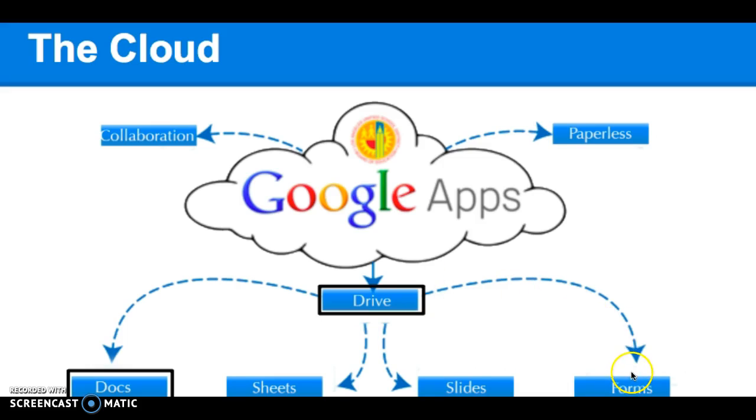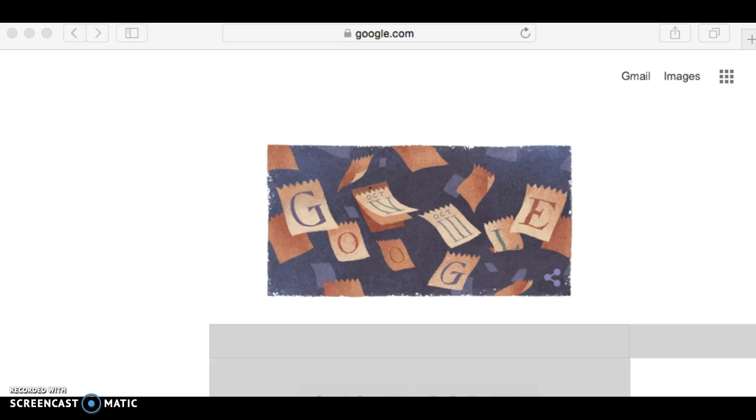We have Google Forms, which is very much like surveys that you can create that can eventually be turned into spreadsheets. We have Google Slides, which is similar to PowerPoint. We have Google Sheets, which is very similar to Excel, and then Google Docs, which is like a Word document.